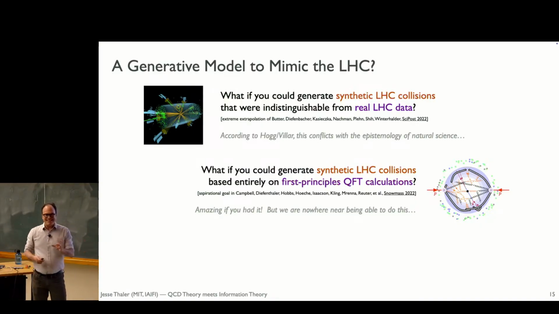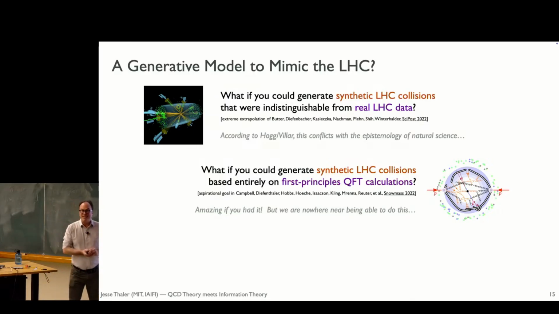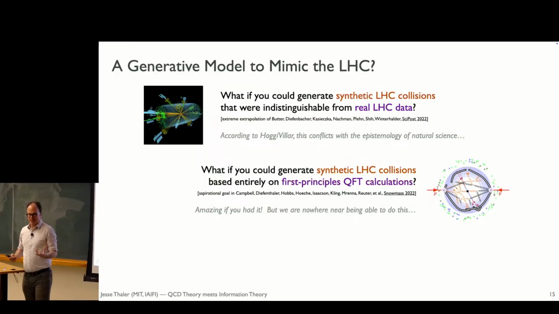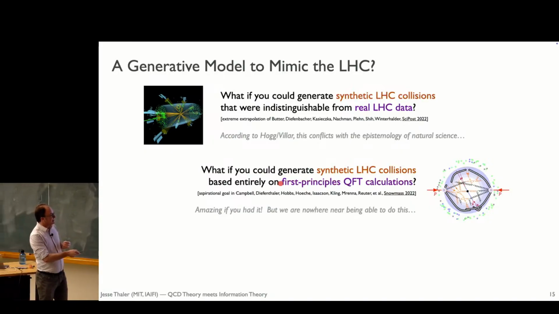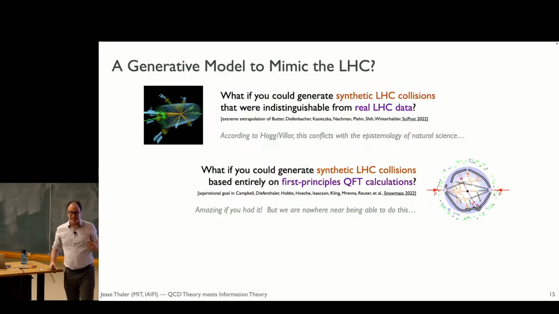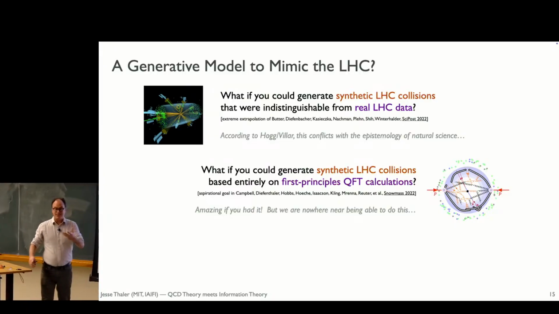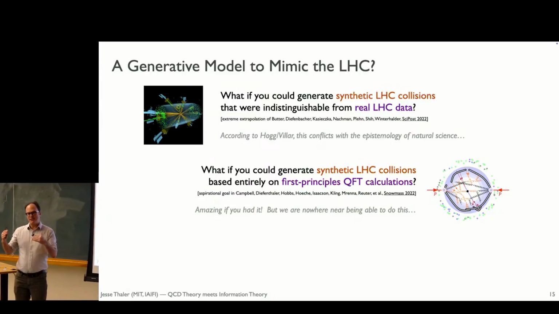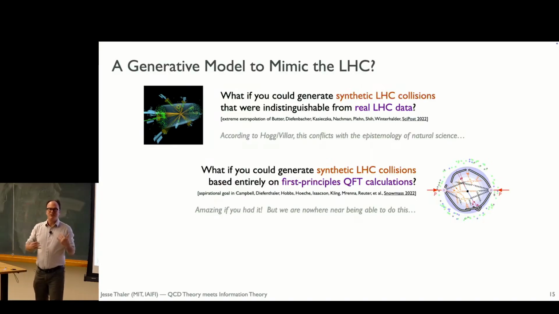But this is kind of separate. The point here is, if you're able to do this, let's say we even agreed on the notion of similarity, I think we would say that we haven't learned anything. Whereas if we could do synthetic LHC collisions based entirely on first principles QFT calculations, then we would say that we would understand something, in the sense that you could compare data to your QFT calculations and then extract coupling constants or the masses of fields, or even try to tell the difference between standard model versus BSM physics.